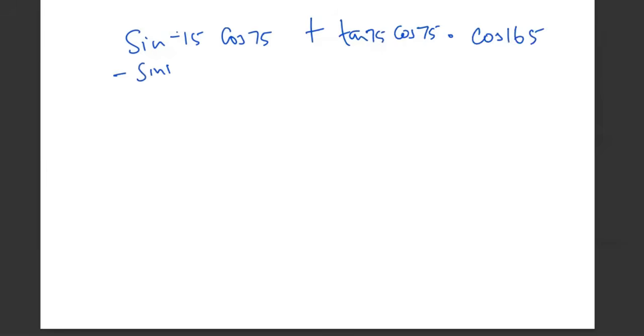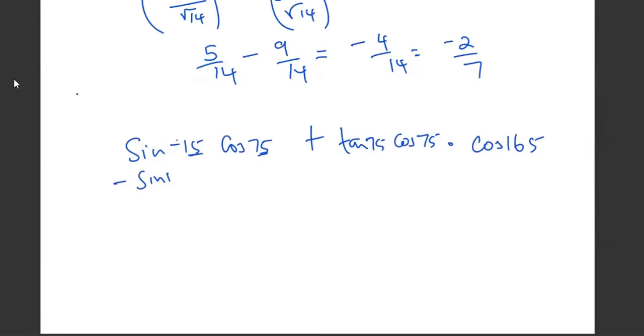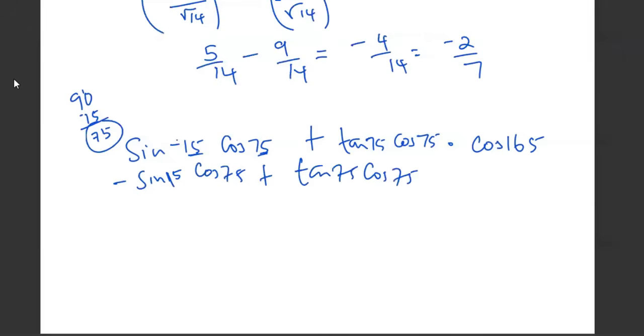But before I look at sine 15, which value? I'm seeing just 75s everywhere. So if I get a 90 minus 15, that's going to give me a 75. Okay, so let's say we have a sine of 15, and then the cos of 75 plus the tan of 75, cos of 75, multiplied by, where do we find 165?